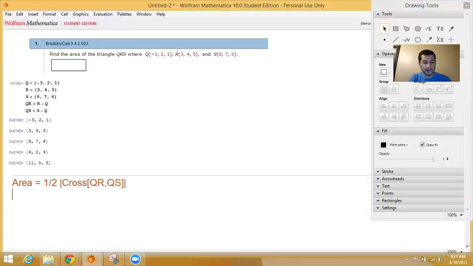Well, if we look at one of the definitions of the cross product of A and B, it is equal to the magnitude of A times the magnitude of B times the sine of the angle between.